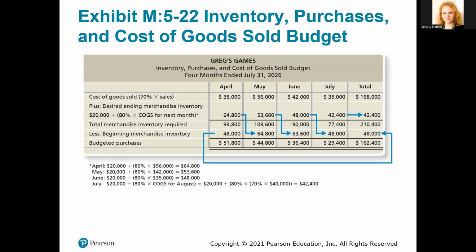So they take that merchandise inventory required, subtract out their planned beginning merchandise inventory, and that tells them what their purchases need to be.